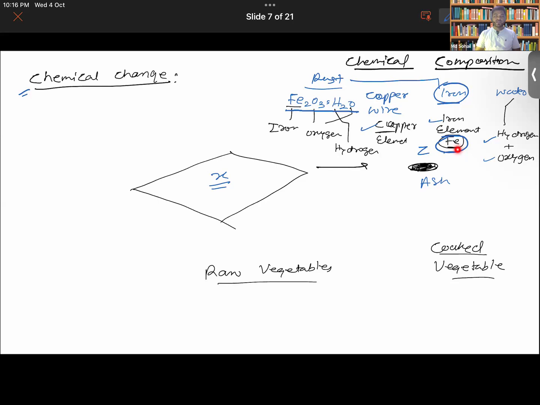So here we see that the composition has changed, in fact increased here. So whenever the chemical composition or the chemical properties of a substance change and a new substance is formed, then we see that a chemical change has occurred. So a new substance is formed here right now.